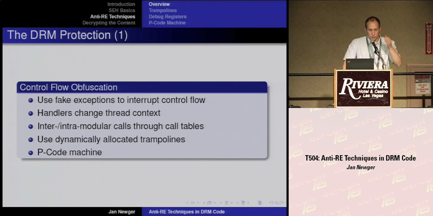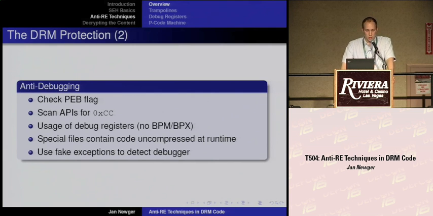And there are two major anti-reverse engineering techniques. On the one hand, it's trampolines, which I have a few slides on, and it's the P-code machine, which is used to carry out the actual decryption algorithm. Okay, for anti-debugging, we have some very basic checks. That is the very common PEB flag check or scanning APIs for interrupt opcodes.